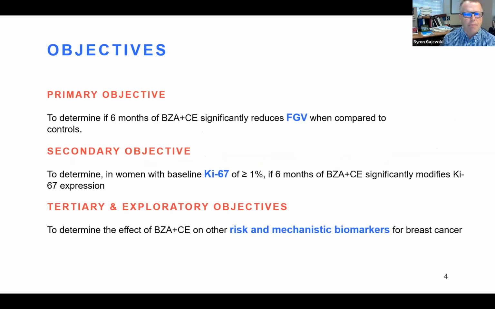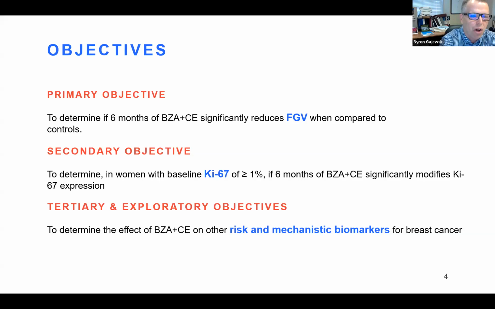So the primary objective: we would like to determine at 6 months post randomization if BZA plus CE significantly reduces fibroglandular volume when compared to controls, right? The pilot study was done only on BZA plus CE.